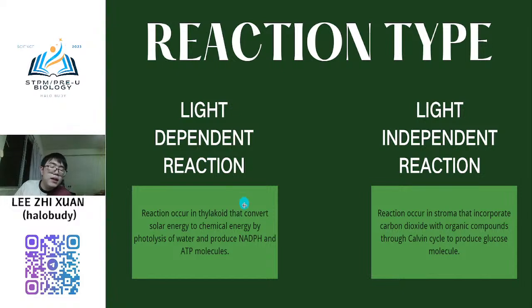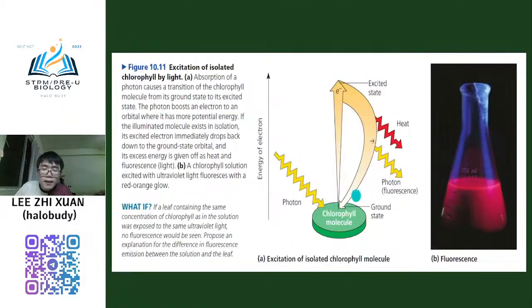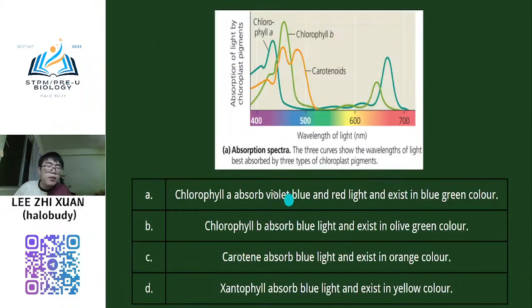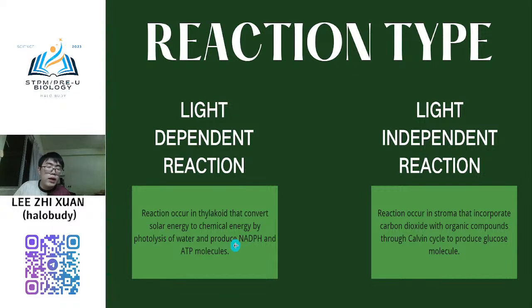So normally the dependent reaction will convert the solar energy, what we call light energy, to chemical energy that we learn from here. Yang ni, concept dia daripada sini, daripada light energy to chemical energy. Ini konsep dia. Okay, so by photolysis of water, dia require water and also dia akan produce NADPH and ATP.